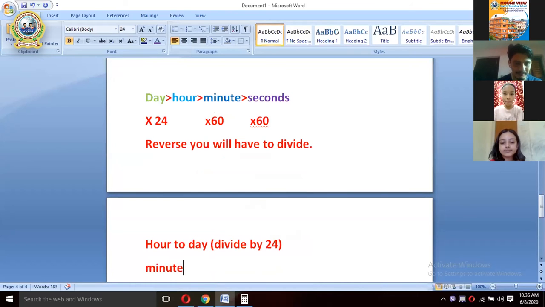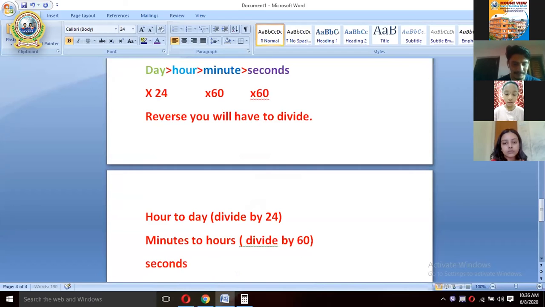Similarly, minutes to hours, divide by 60. And again, seconds to minute, divide by 60.